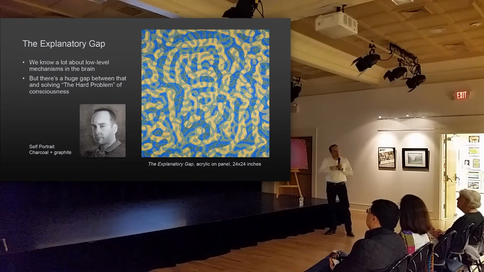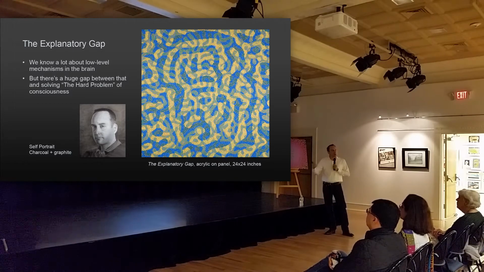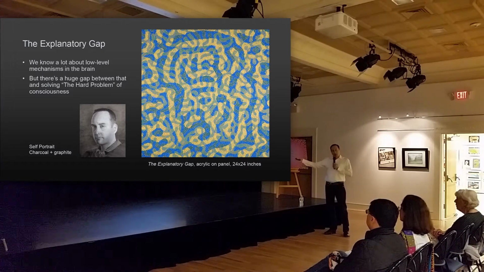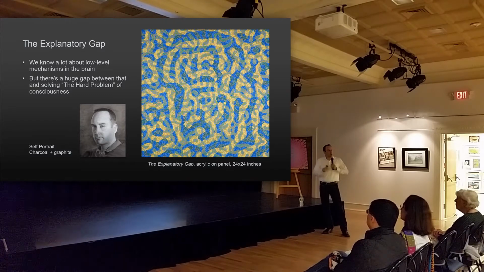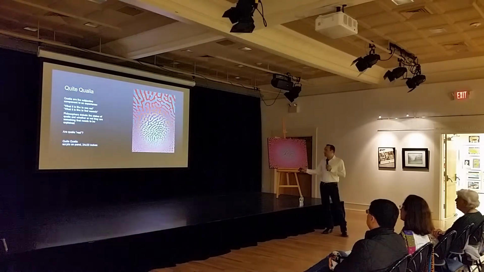And that gap between what we know about the low level and the level of consciousness is called the explanatory gap. So in this painting, I have two levels of Turing patterns, and one of them is sort of an abstraction of a drawing, the self-portrait that I did, which itself is a sort of abstraction from a photograph that I had taken. So that was the way I tried to capture this notion of the difficulty of mapping between layers of explanation.